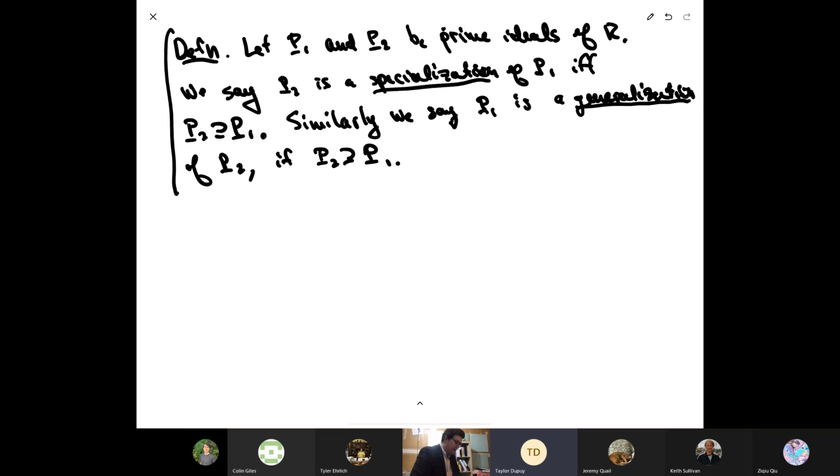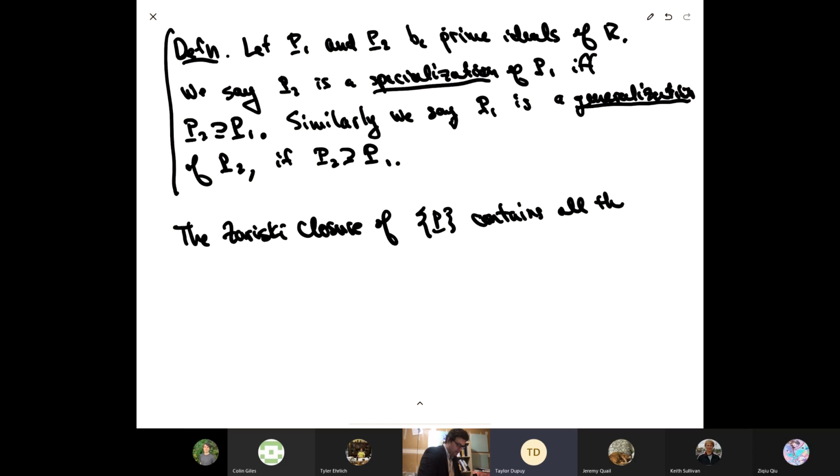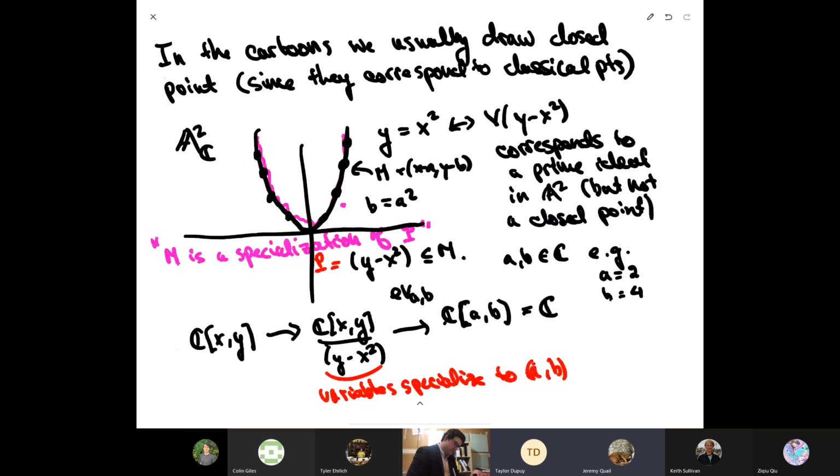But maybe it's interesting to note too that the Zariski closure of a single point P contains all the specializations of P. I'm a little confused, because we defined these closed points, and then you talked about the closure of a closed point.